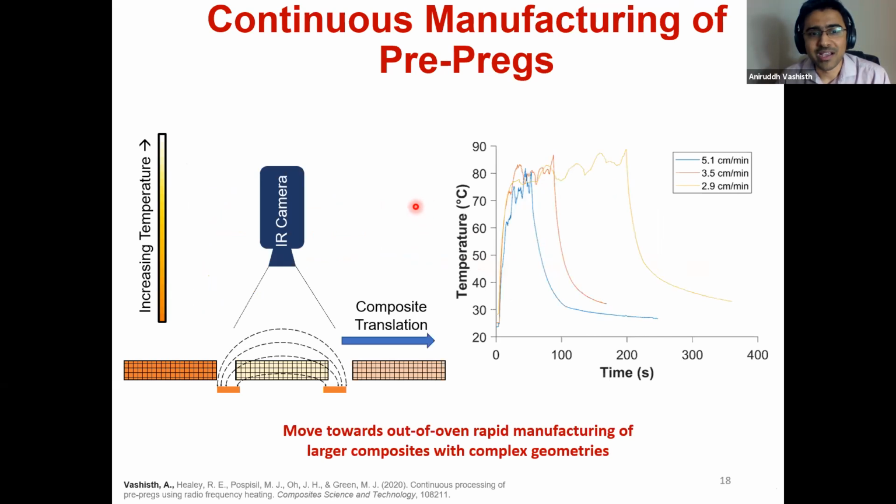And finally, what we actually wanted to see was, can we come up with a setup where we can continuously fabricate pre-pregs? So this was kind of the last study where we left off on this particular project, and we were able to successfully show that if you change the translating speed of your pre-preg over these fringing fields, you can actually increase the temperature of your composites just by changing the residence time over the fringing field, or by having multiple fringing field applicators.